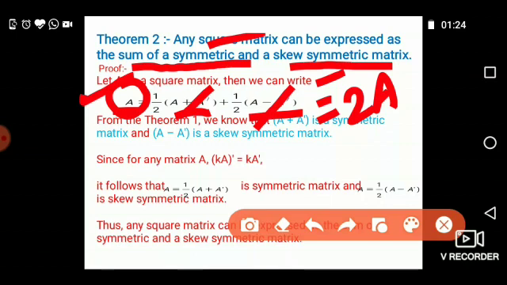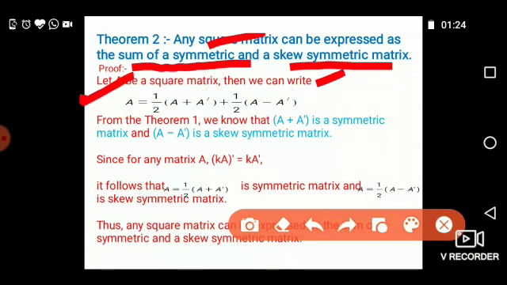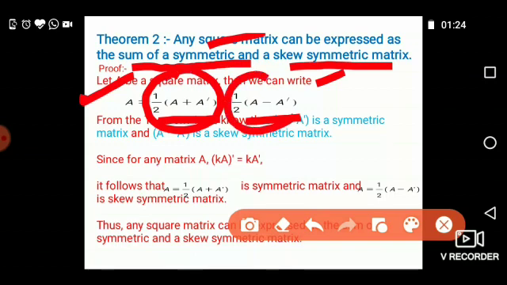For the sake of simplicity, we can write capital A equals 1 by 2 times A plus A dash, plus 1 by 2 times A minus A dash. As we know, 1 by 2 times A plus A dash is also symmetric and 1 by 2 times A minus A dash is also skew symmetric.